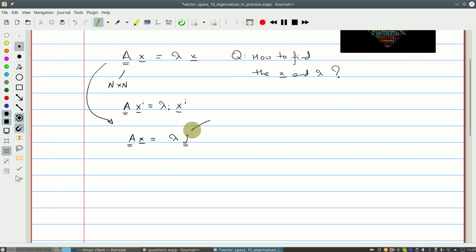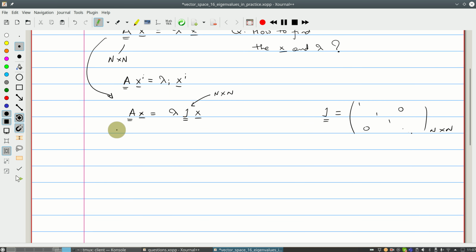This is an n by n identity matrix. Just to remind you, I has ones on the diagonal and zeros everywhere else, and it's going to be n by n.